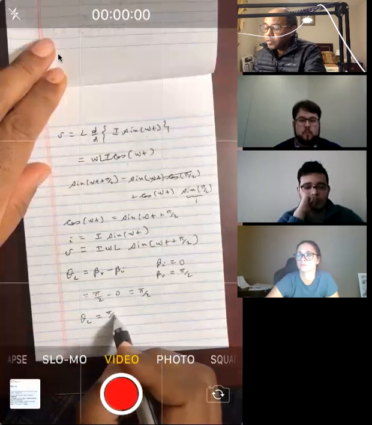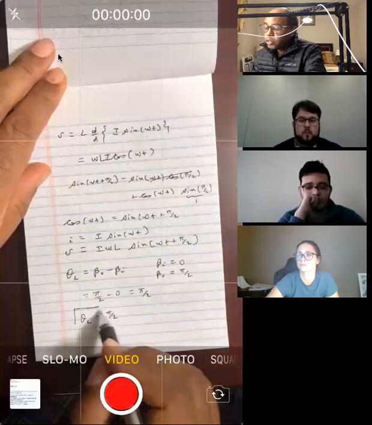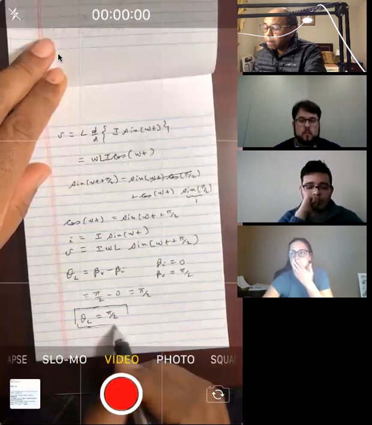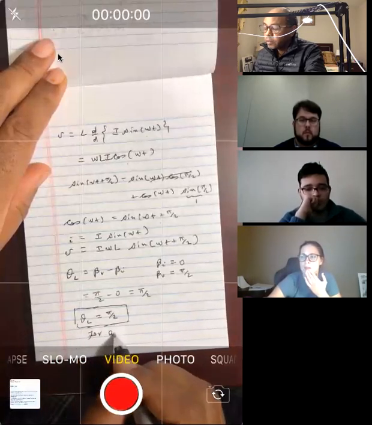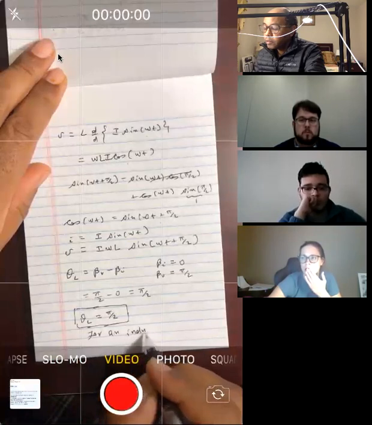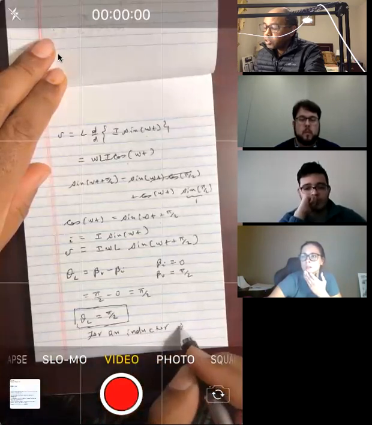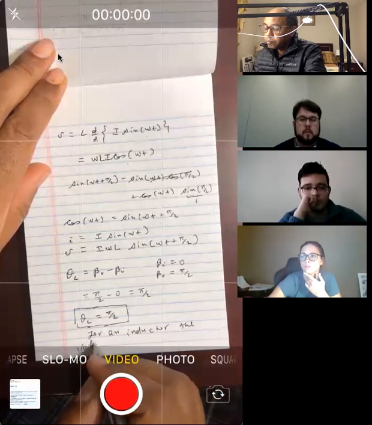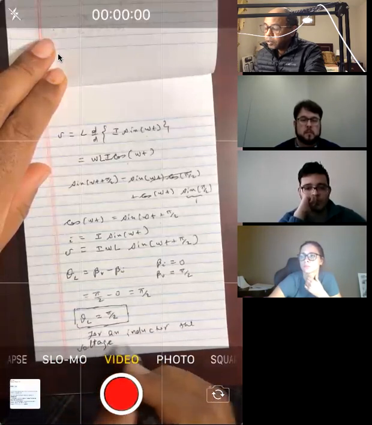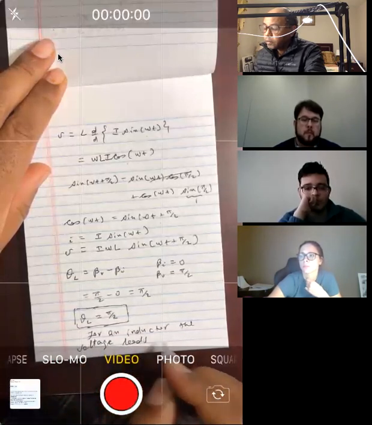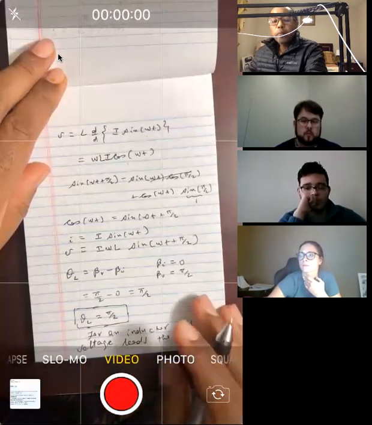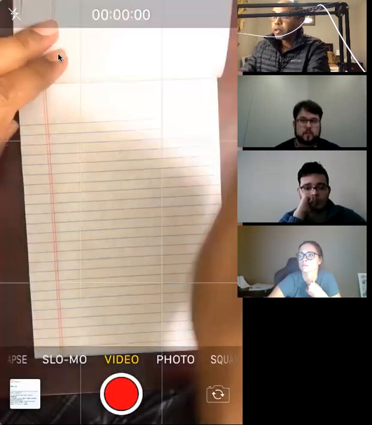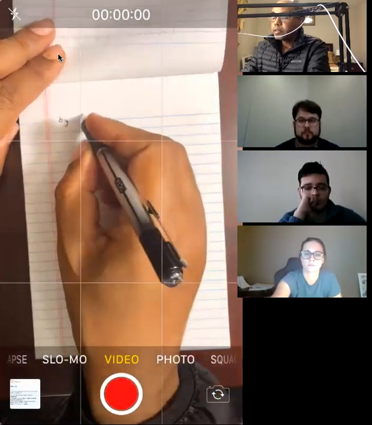What this means is, for an inductor, the voltage leads the current by pi over 2, by 90 degrees.